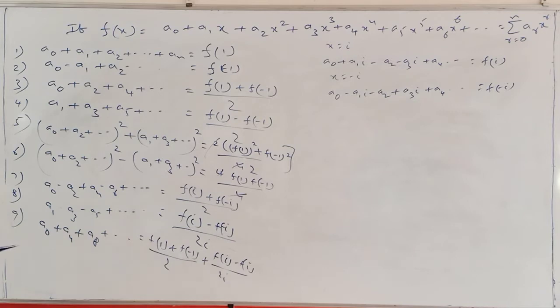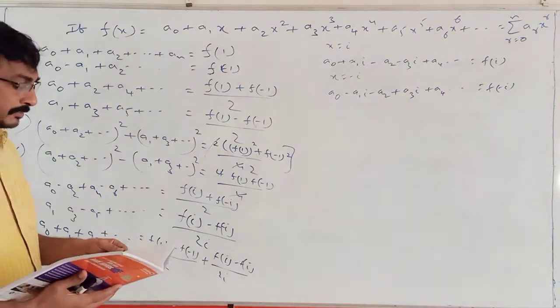And similarly, the sum of the squares of these two: by using the sum of the squares of these two, we get one more result. By using the difference of the squares of these two, another result. They are 9 and 10, 11 and 12 also completed. Okay. So up to 12.